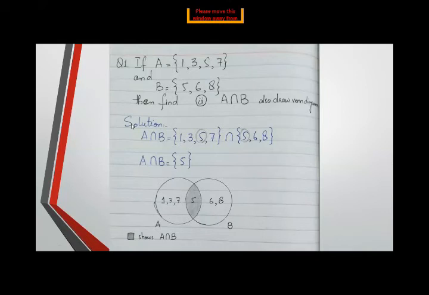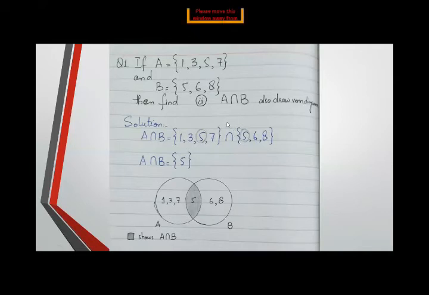So here we start the solution. Firstly, we write A intersection B, and we write set A, which is 1, 3, 5 and 7. Now we place the intersection sign. We write set B, which is 5, 6 and 8. Now students, I make a circle over there because you recognize that they are common in both sets.